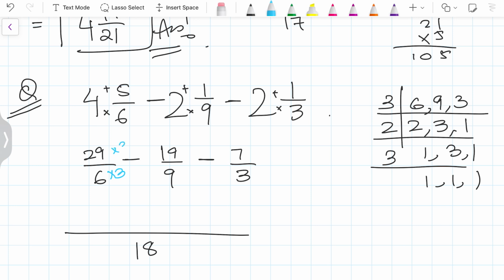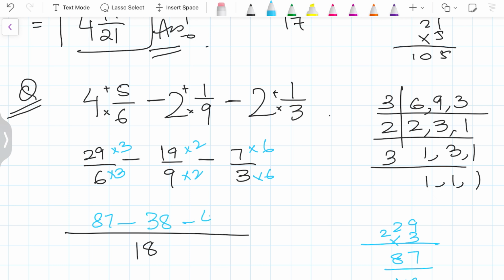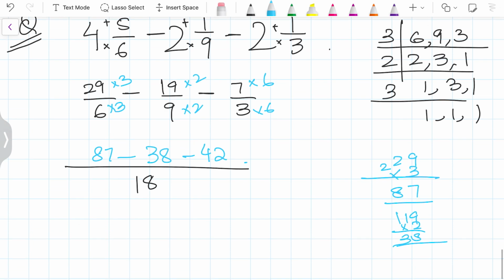Into 3, into 2, into 6. 29 into 3 is 87, 19 into 2 is 38, 7 into 6 is 42. So this will become 87 plus 38 plus 42, which gives you a 7 upon 18. That's my answer.